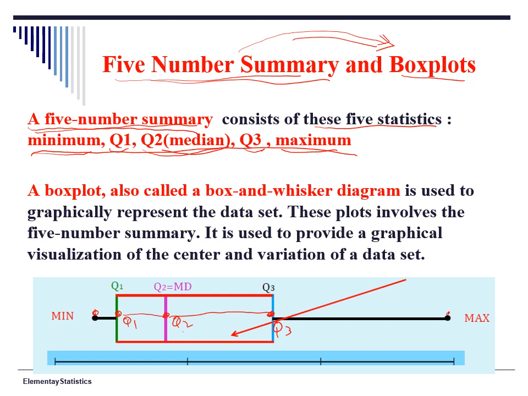Then from Q1 to Q3, make a box, and draw Q2, dividing the box into 2. So this is called a box plot. Sometimes this is called the box and whisker diagram. Like cats have whiskers, these parts are called the whiskers.